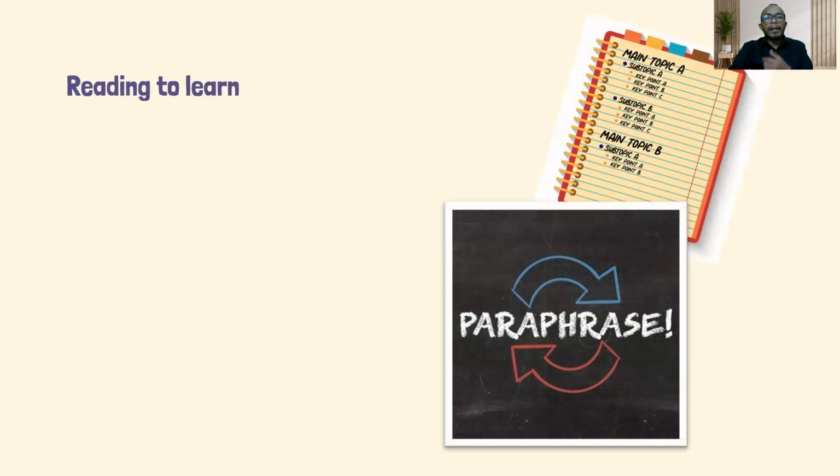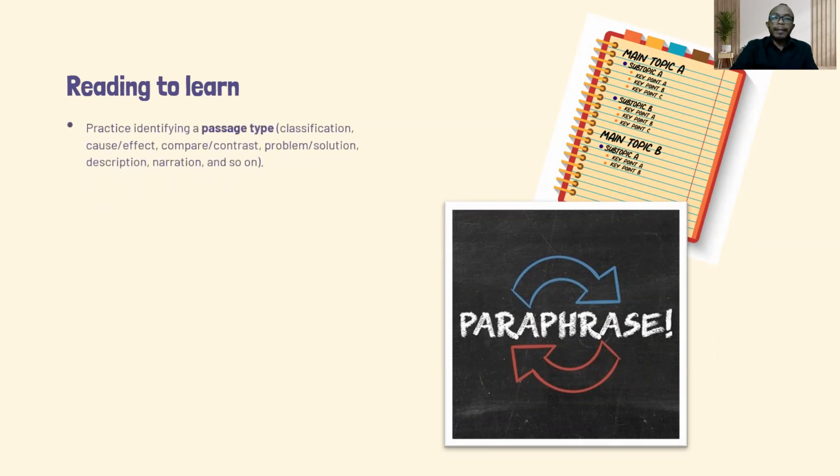Okay. And beside that, you need to also focus on improving your skill for reading to learn. And that includes practice identifying what the type of the passage is. So there are many types of passage or reading texts. Sometimes it aims to classify some things.